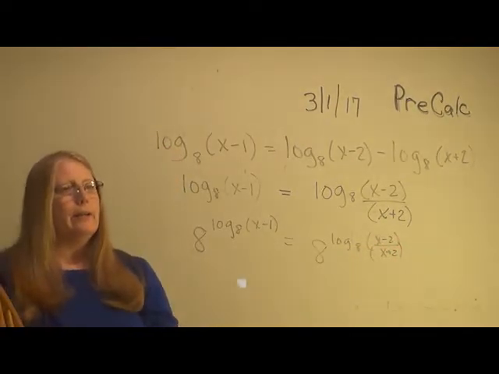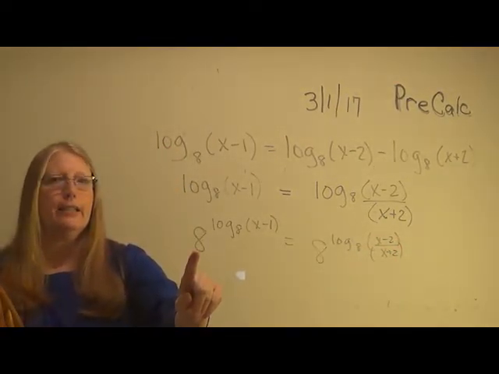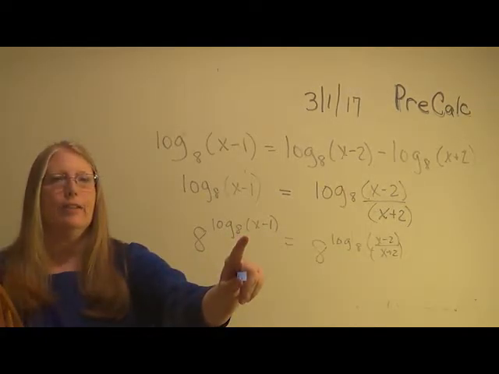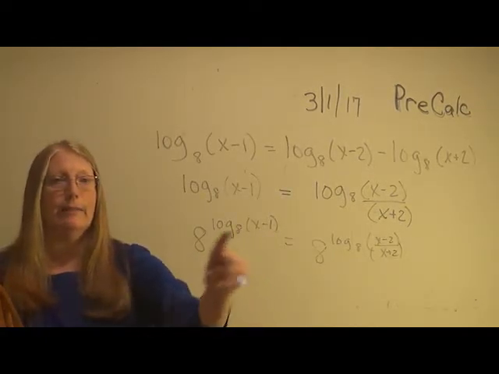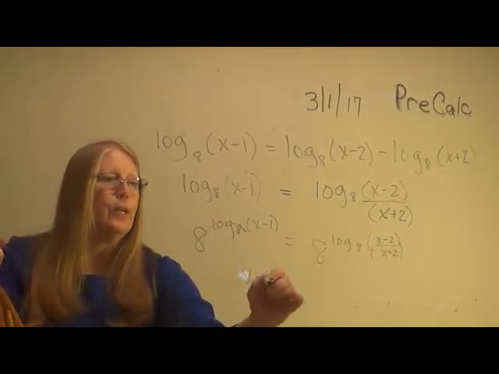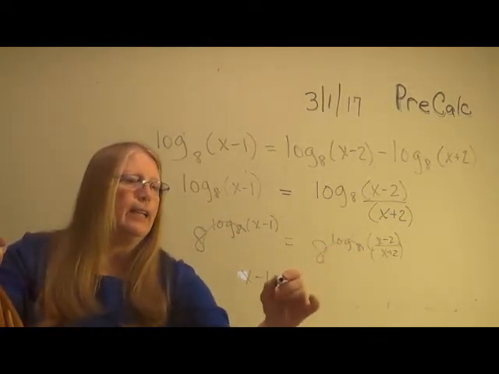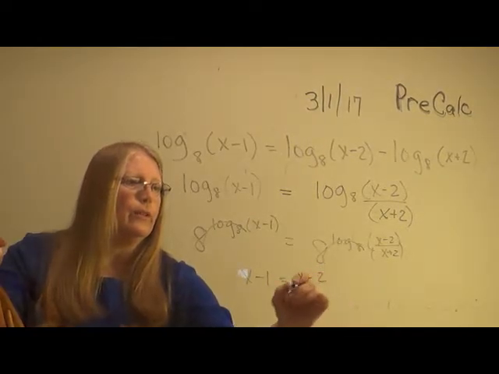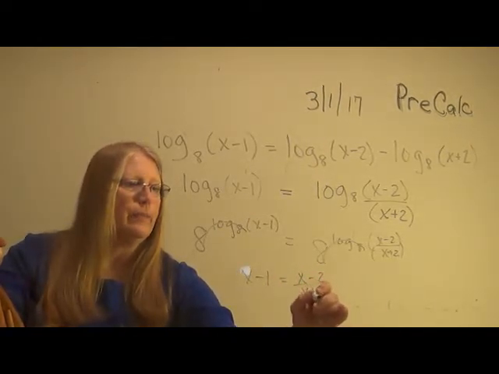Alright, so now I am raising 8 to the number you raise 8 to get x minus 1. So this undoes that and we get x minus 1. Likewise, we have x minus 2 over x plus 2.